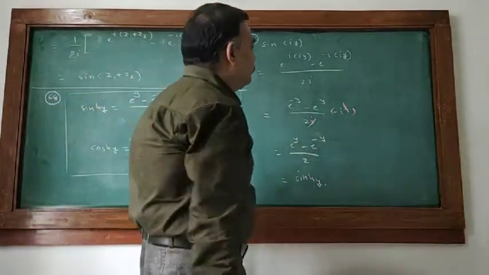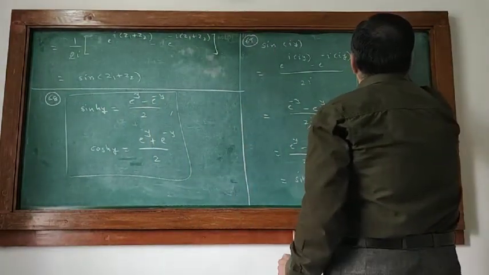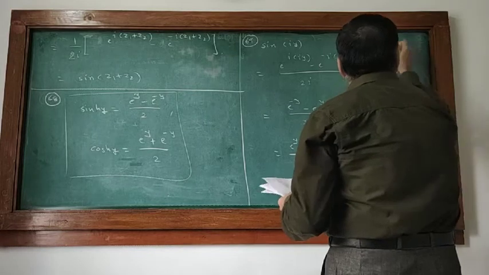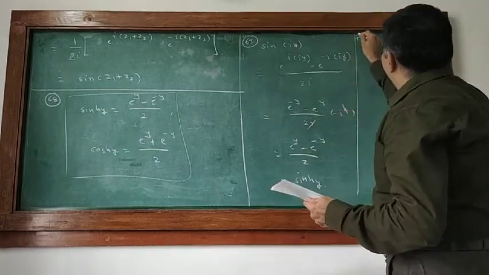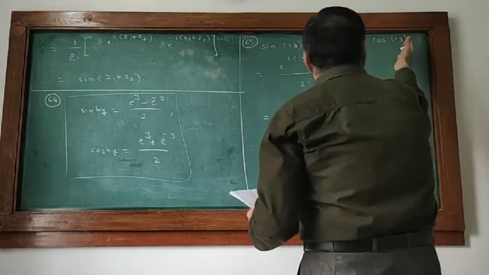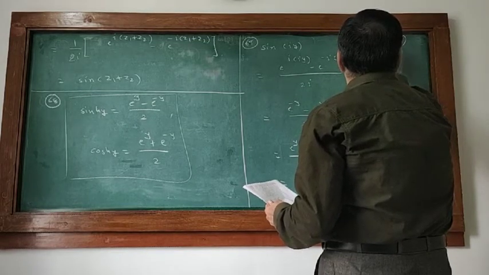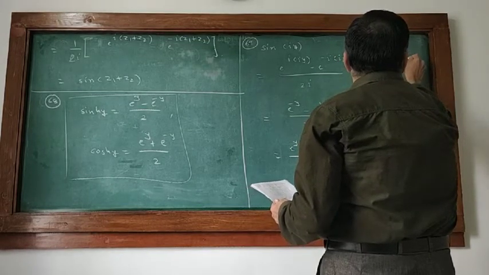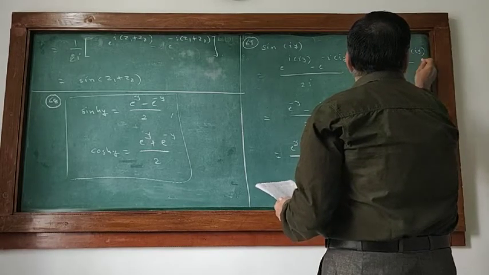Now likewise, if we apply the same for cos iy, this is 70 as per my note. So what is cos iy? This is equal to e raised to i times iy plus e raised to minus i times iy divided by 2.